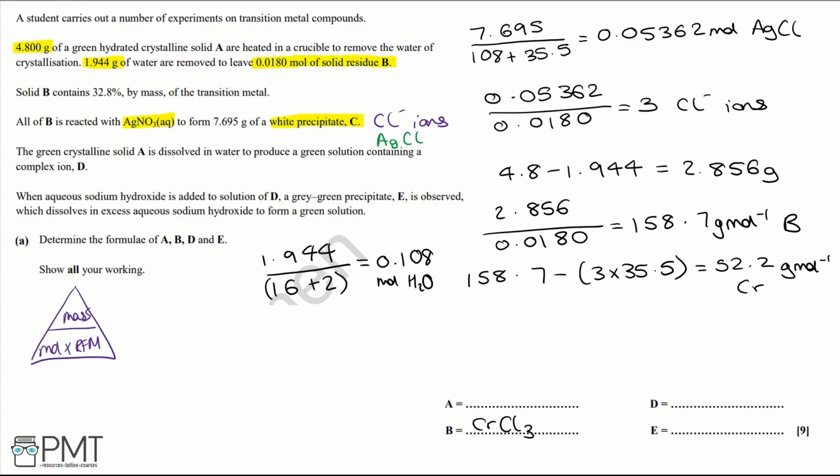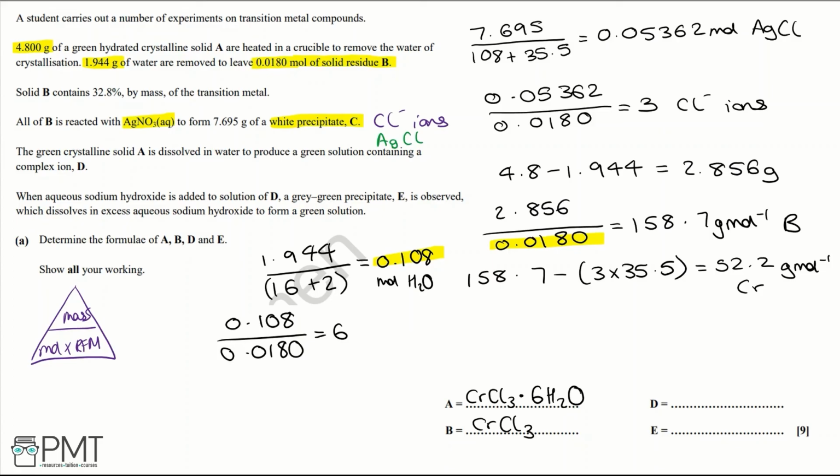And we can look at the molar ratio, and then we can use this to work out how many moles of water there is versus our solid B. So if we did 0.108 divided by 0.0180, that equals 6. So the formula for A is going to be CrCl3.6H2O. So that's the waters of crystallization. There's 6 of them. So now we can move on to work out the formula of D and E.